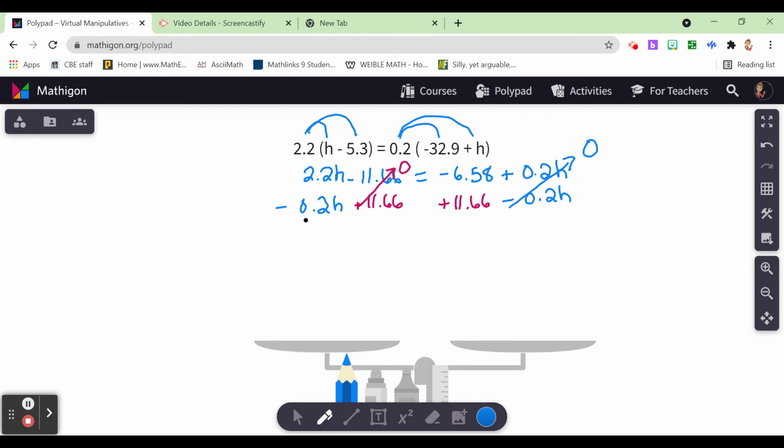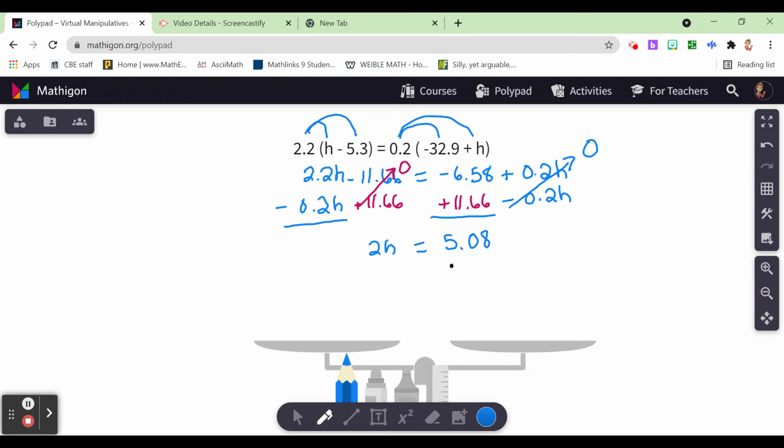Okay, so here I would be left with just 2h, because I subtracted the 0.2. And then here I would end up with 5.08, when I add up those two numbers.